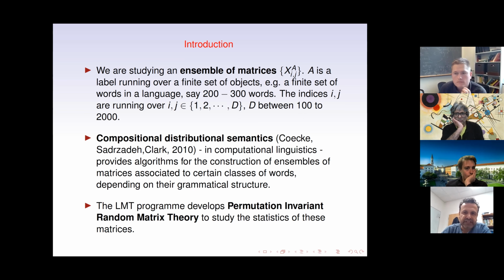In the field of compositional distributional semantics, initiated by computer scientists Coecke, Sadrzadeh, and Clark at Oxford in 2010, there are techniques for generating interesting ensembles of these matrices, depending on their grammatical structure. You can also generate higher tensors for a given word, again depending on the kind of grammatical structure they have. The linguistic matrix theory idea is to develop random matrix theory, in particular permutation invariant random matrix theory, to study the statistics of these matrices.